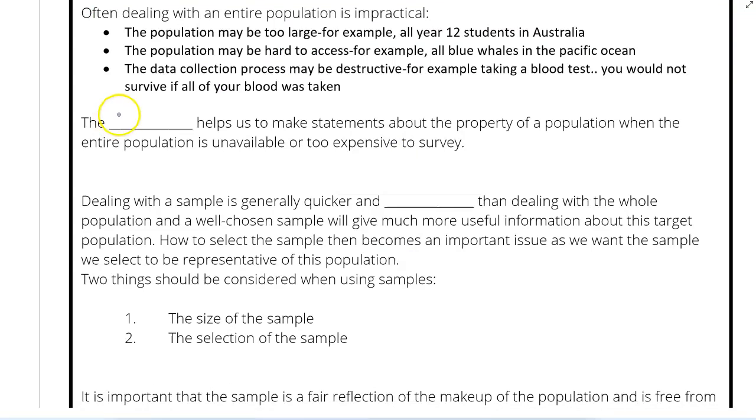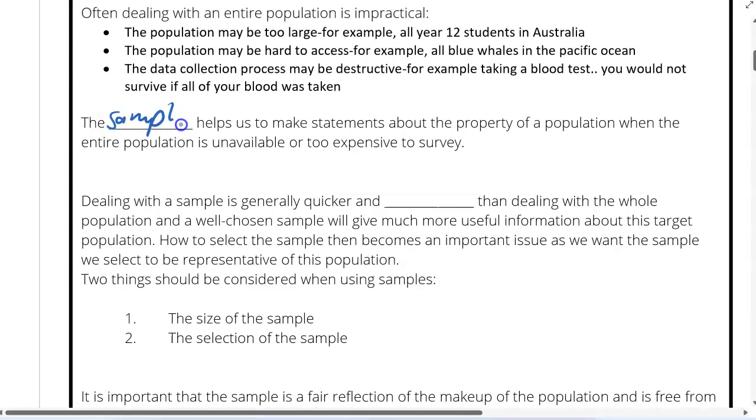If we take a sample, it does help us make statements about the properties of the population, but we just need to make sure that we are not taking a biased sample. If I was interested in what students felt about maths, I gave this example yesterday, and I just surveyed this class, that would be a biased sample, because you would all have probably similar opinions.